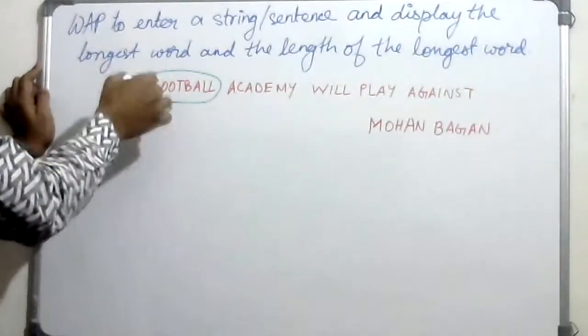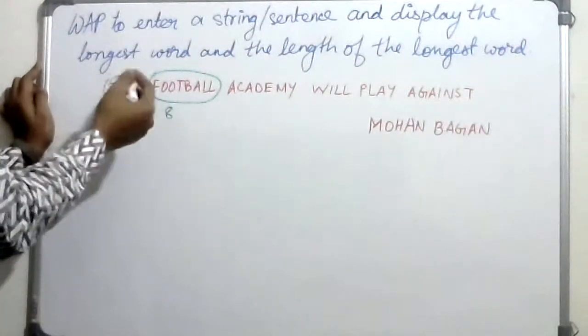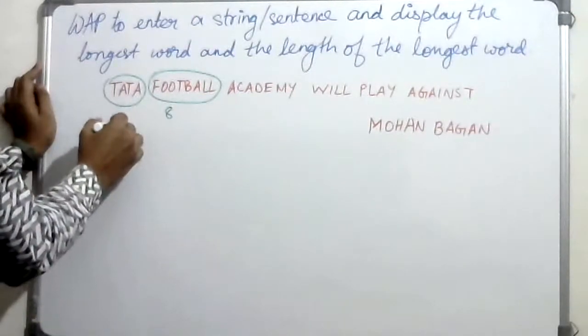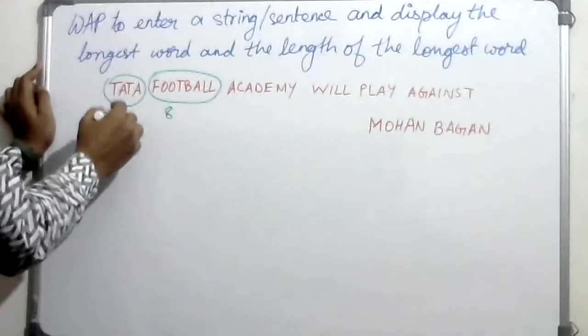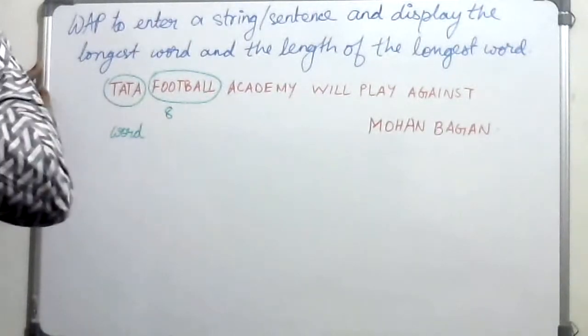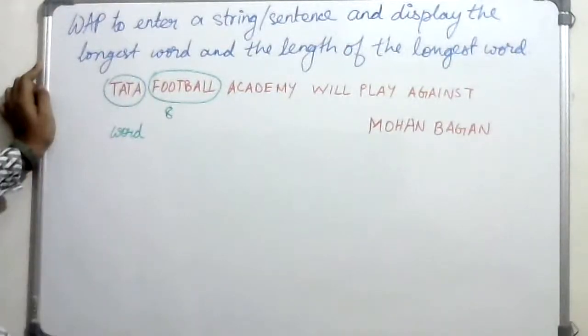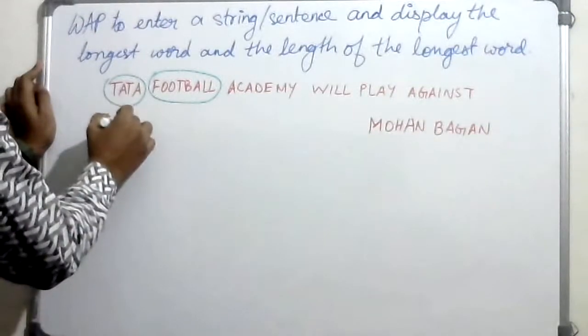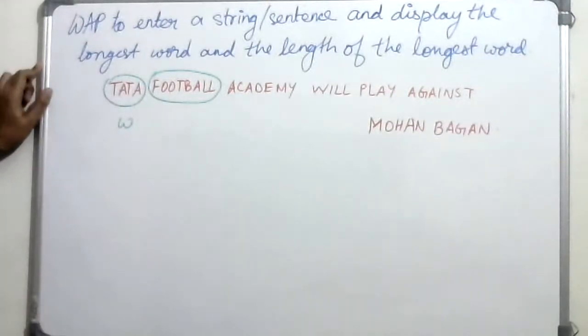As soon as I encounter a space, I know that the first word is complete. So I have the first word in, let's say, a variable. Let's have a shorter variable. So let's call the variable in which I'm storing my words W.